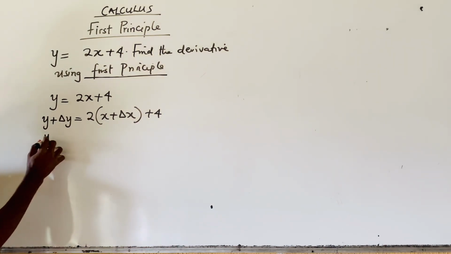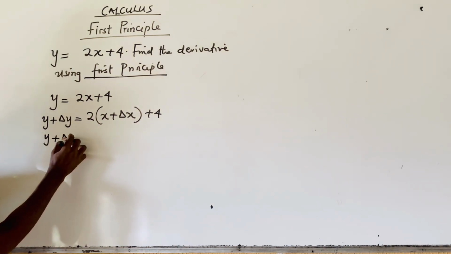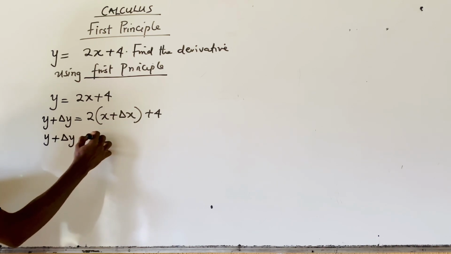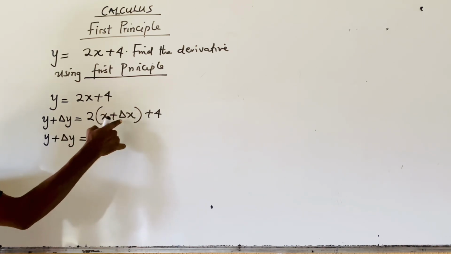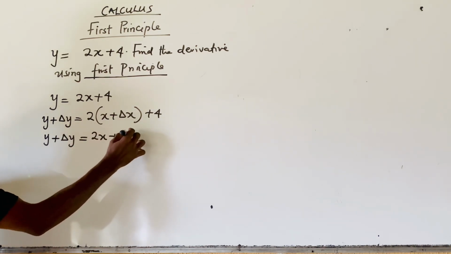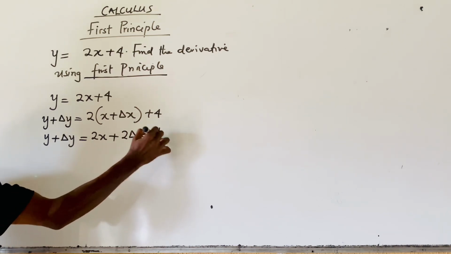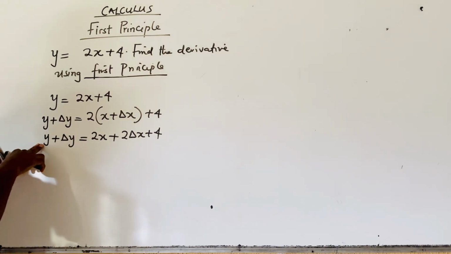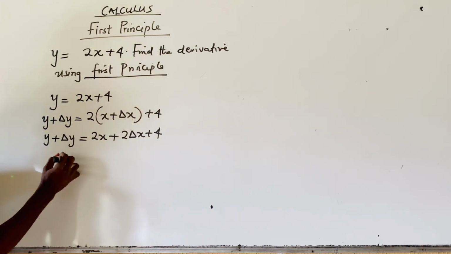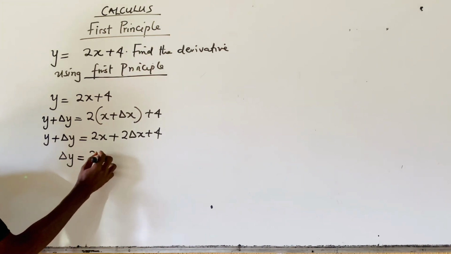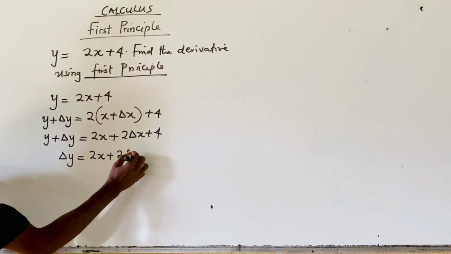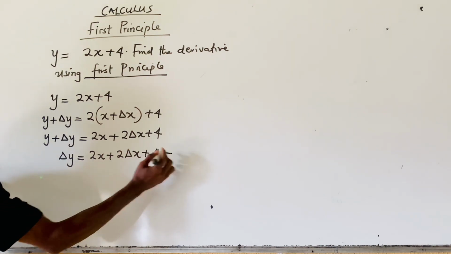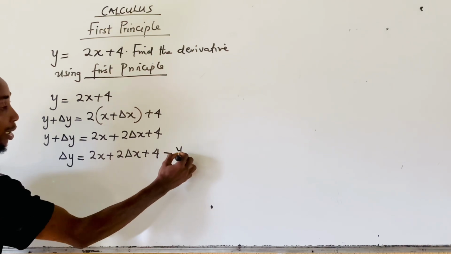At this point, we can have something like this: y plus change in y equal to 2 times x, 2x. 2 times change in x will give us 2 change in x plus 4. Then, what do we do next? You bring in the value of y. Replace the value of y. Change in y becomes 2x plus 2 change in x plus 4 minus y.